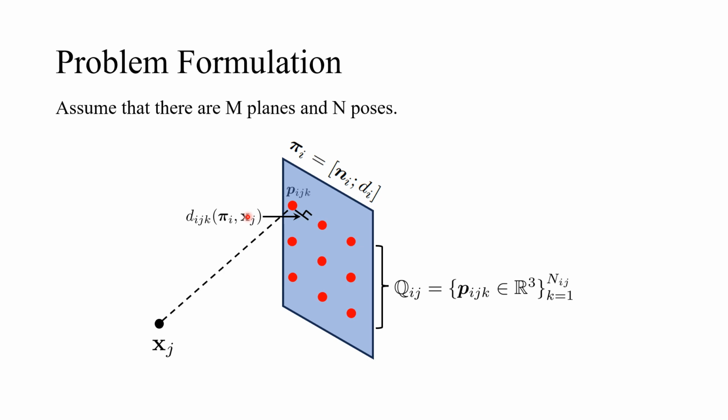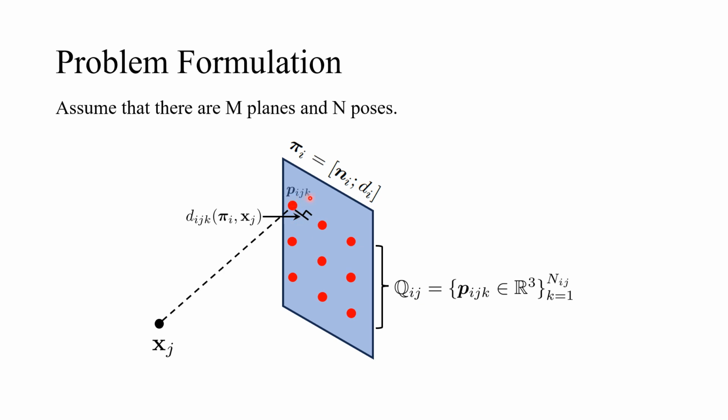Let us start with problem formulation. Assume there are n planes and n poses. Here, πi represents the ith plane and xj represents the jth pose. Assume πi is observed at xj, which generates a set of points, Qij.